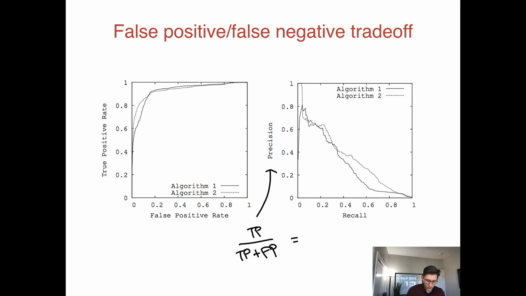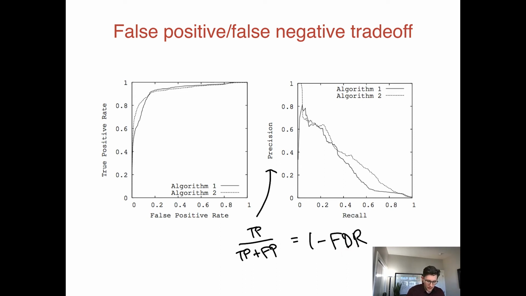Precision is equal to 1 minus the false discovery rate. By the way, it's worth noting the difference between the false positive rate and false discovery rate.